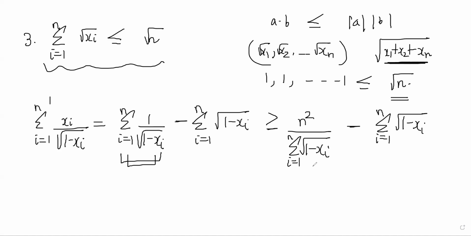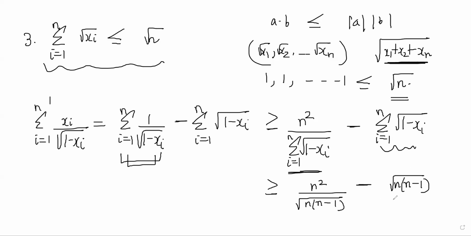So we already know that this stuff was less than root over n into n minus 1. So it will be greater than or equal to n square by root over n into n minus 1 minus root over n into n minus 1, right? Because when you are subtracting, you can subtract a bigger quantity here, right? So you are subtracting a bigger quantity here and you are dividing by a bigger quantity also.